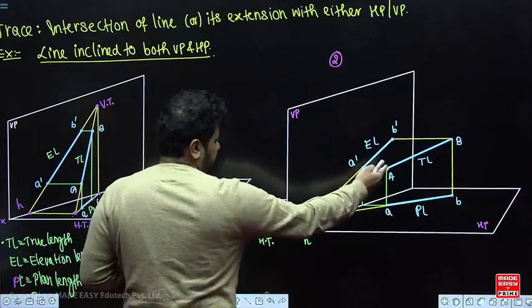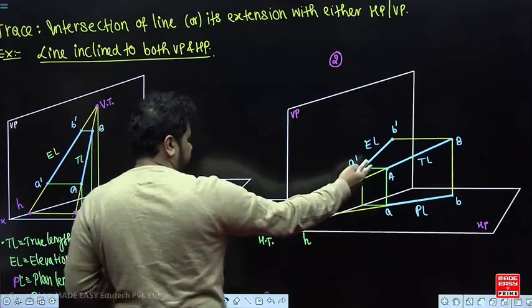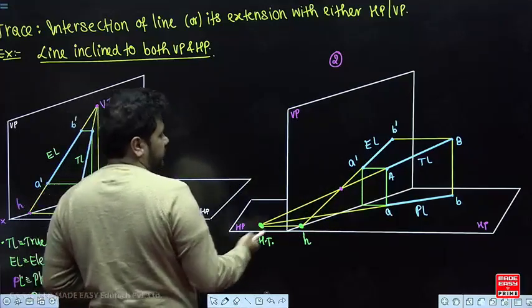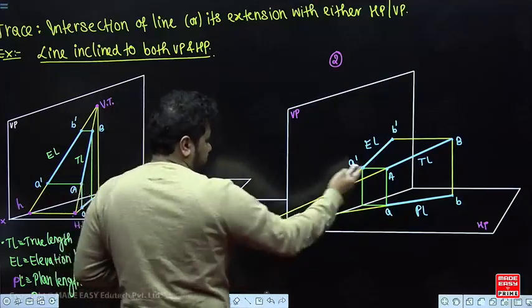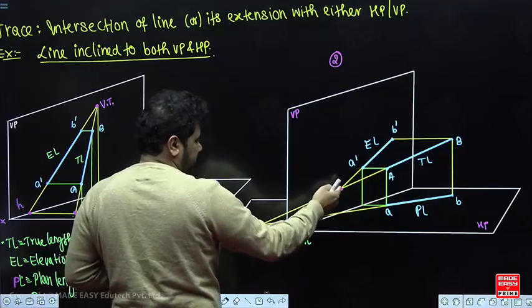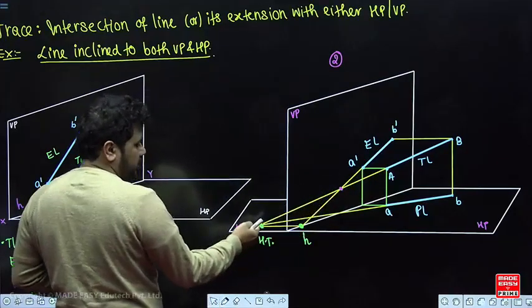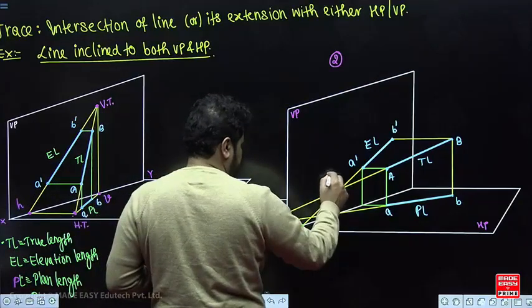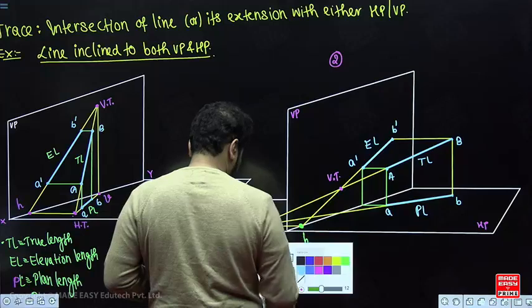You can see that when you extend this line from the first quadrant to the second quadrant, the line is going back. So here it is cutting the plane, then this line is going and hitting this HP. So this point will be what? This point will become your vertical trace, isn't it?